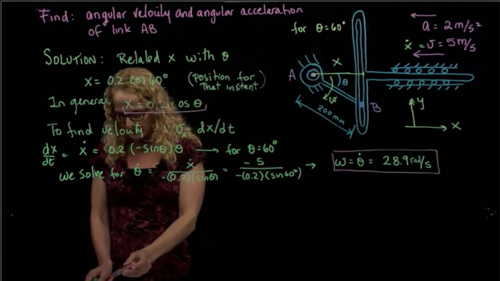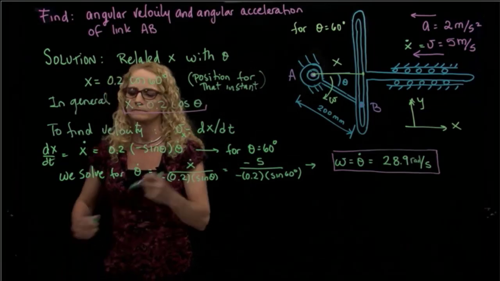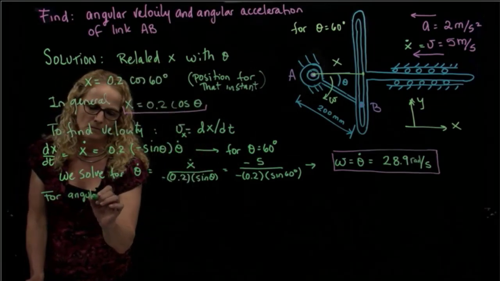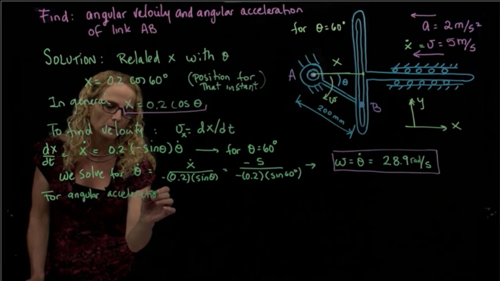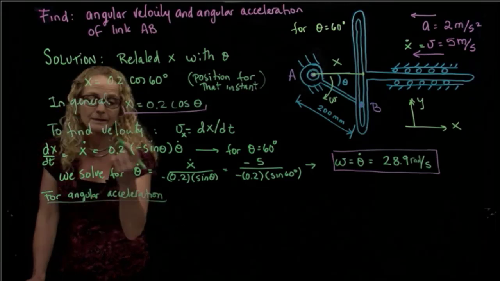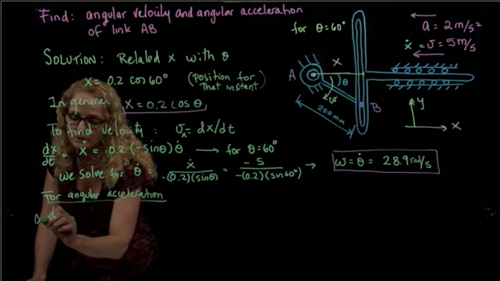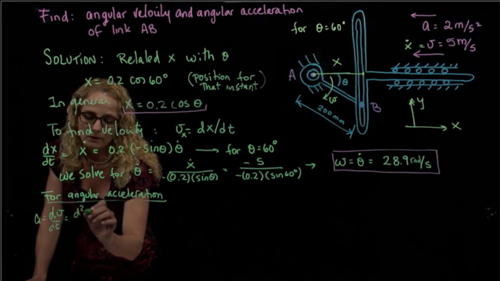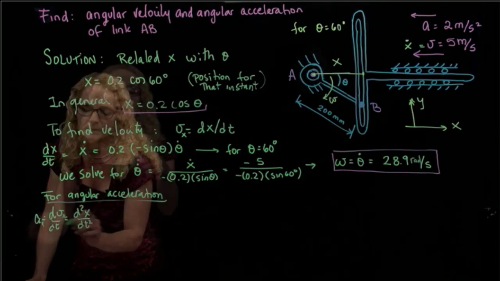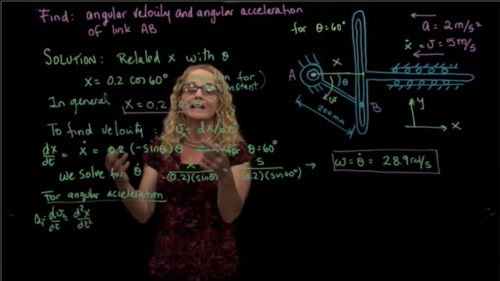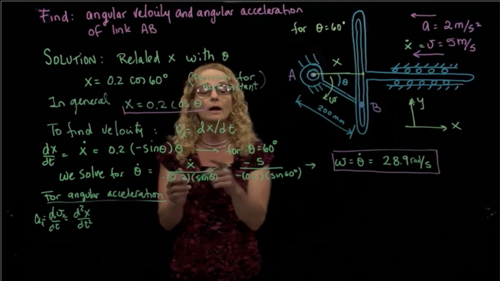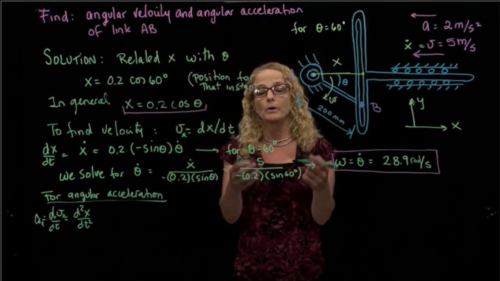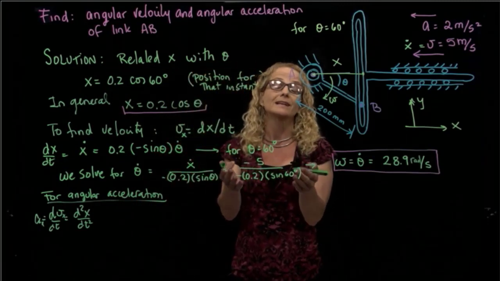So what about the angular acceleration? To find it, I will take the derivative. Acceleration is the derivative of the velocity with respect to time, or the second derivative of the position with respect to time, in x. I have to derive the generic expression, not the one where I already plugged in values, because that would be a constant.